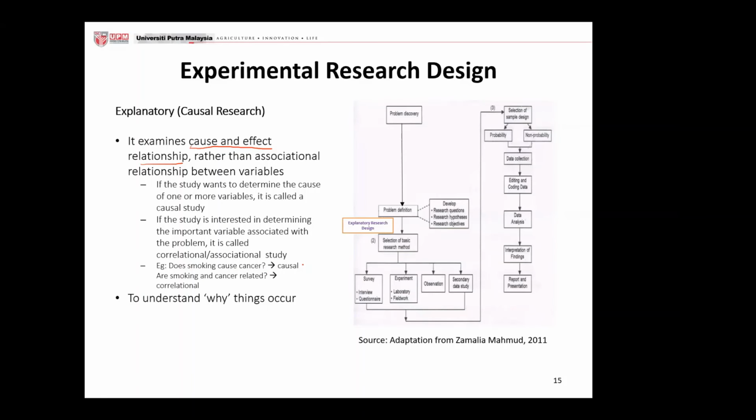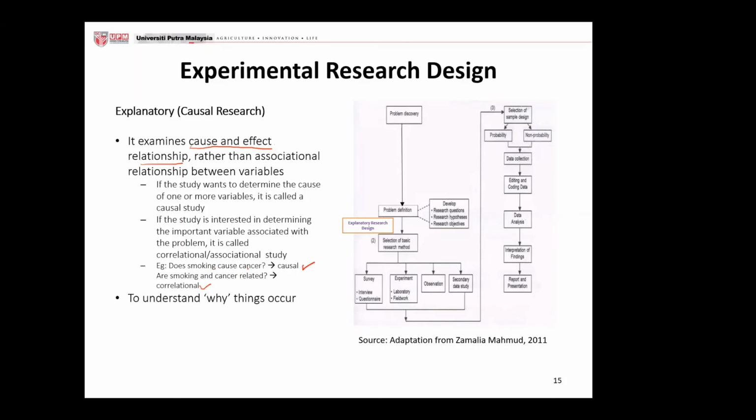That is a causal study. When we say causal, it's also similar to cause and effect, right? Whereas if you just want to know whether they are related, whether smoking and cancer are related, that is correlational. Again, this might seem similar. You might ask me, what is the difference? It seems like it's the same. It's not. Here, it is very specific.